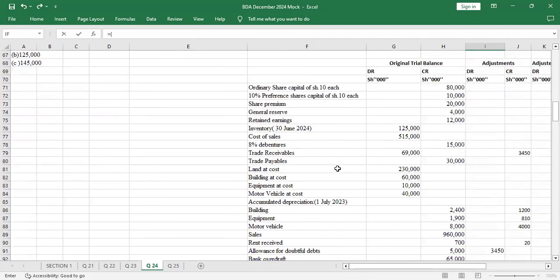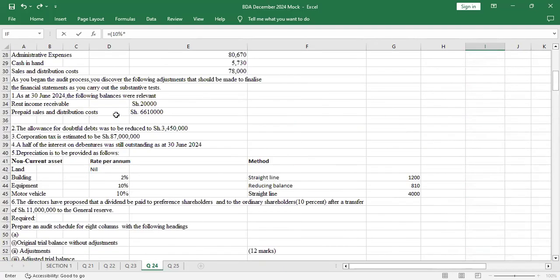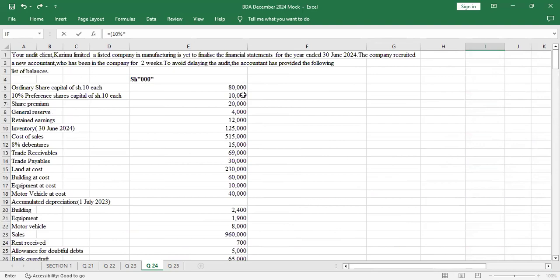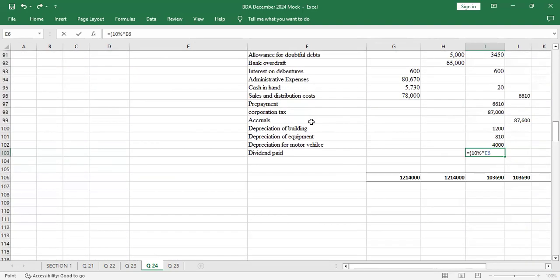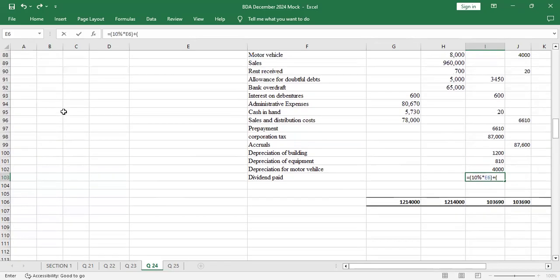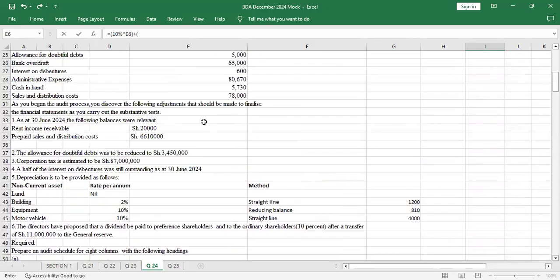So just come here and say equals to 10% times the value of the preference, which is 10,000. Then I'll add the ordinary share dividend. For ordinary shares, we are told that it was being given at 10% also.